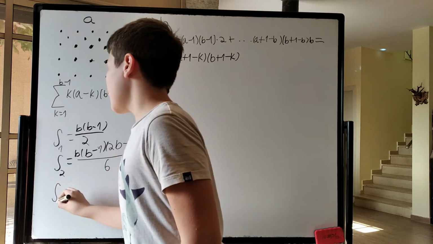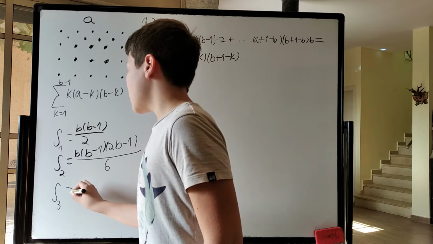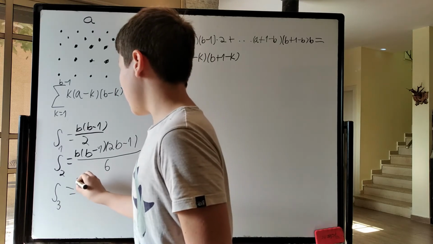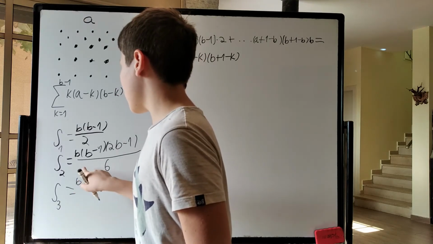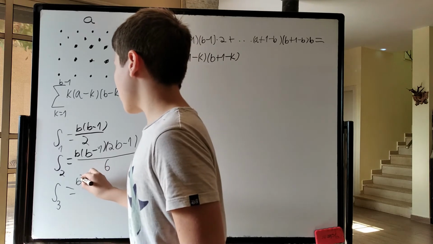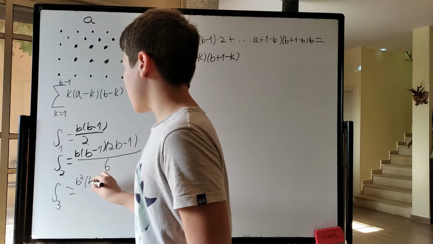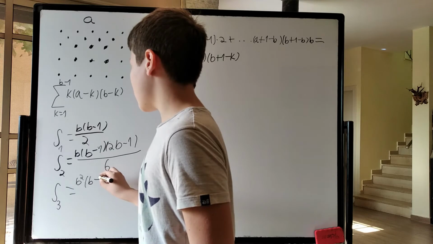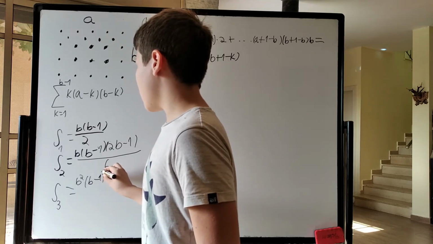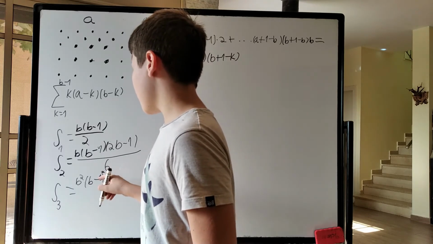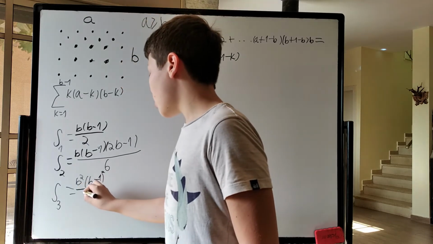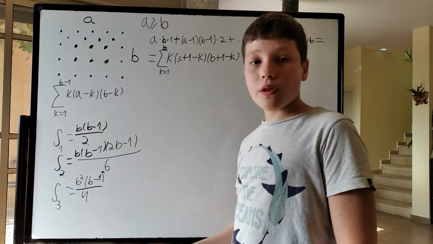And S3, the sum of cubes, is b squared times (b minus 1) quantity squared, all over 4. So those are the three sums.